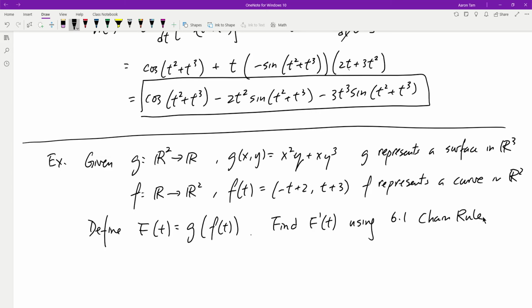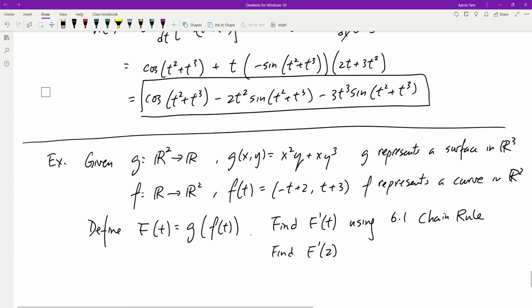So meaning that I don't want you to form the function capital F, and then take the derivative using BC calculus derivative. I want you to use the dot product chain rule. And on your next test, some question might specify just like this. And then what I'm going to ask you to do next is, how about I ask you to evaluate F prime at 2?